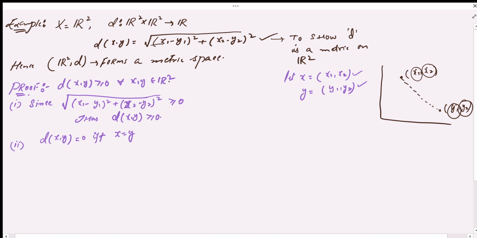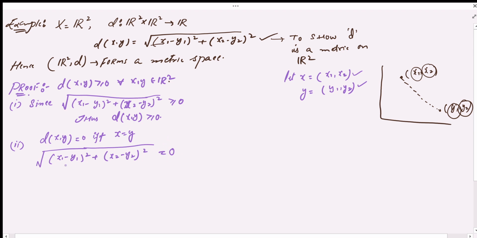But d(x, y) is defined by this thing, so we put the square root of (x1 minus y1) whole square plus (x2 minus y2) whole square equal to 0.